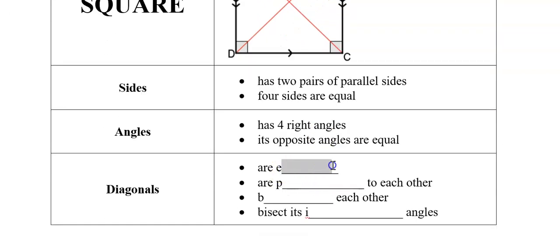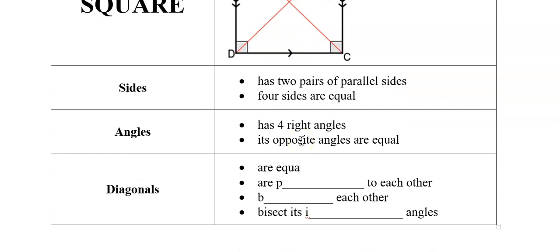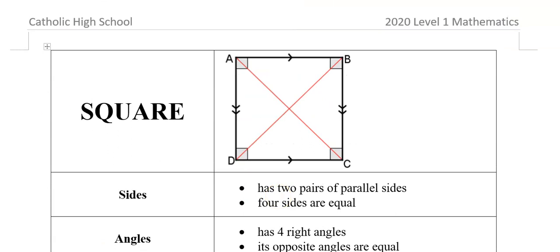The diagonals, the lines in red above, are equal and perpendicular to each other. What this means is that for these two red lines that you see over here, they are crisscrossing each other.